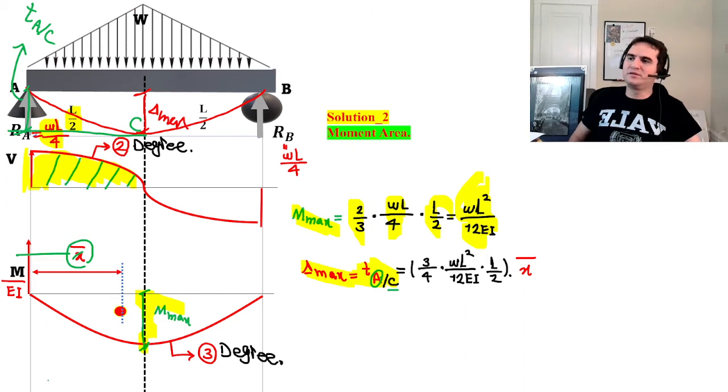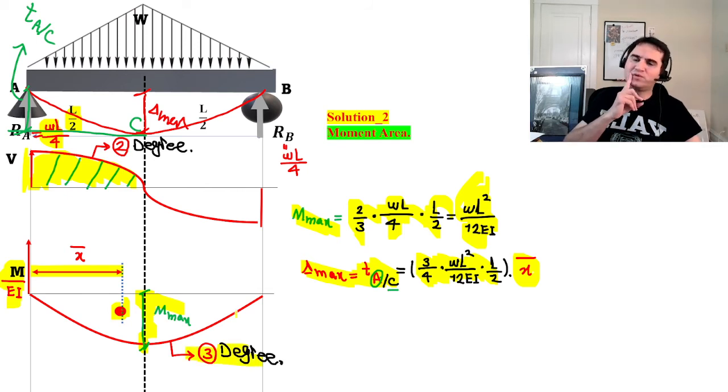This is a third degree, I already know what my area is, M over EI. That's my M over EI times x bar. I need to calculate x bar this time. So my x bar is simply this value, and this is M over EI for a third degree.